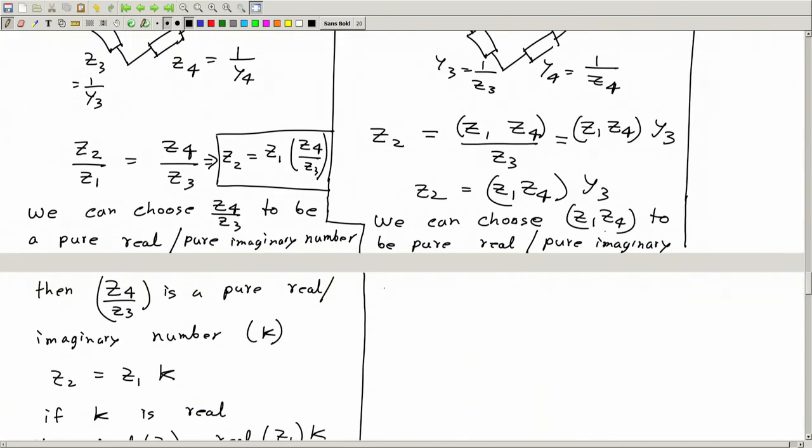If we do so, then this factor Z1 Z4 is equal to k, which is purely real or imaginary.